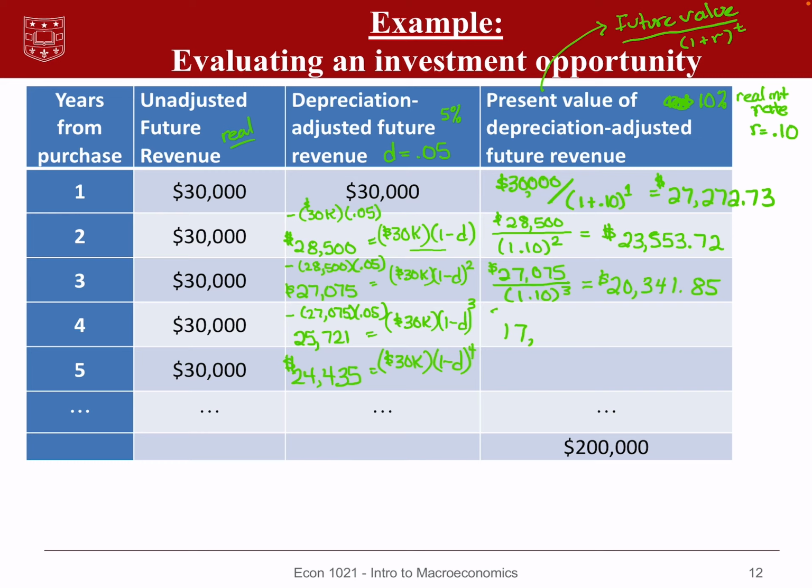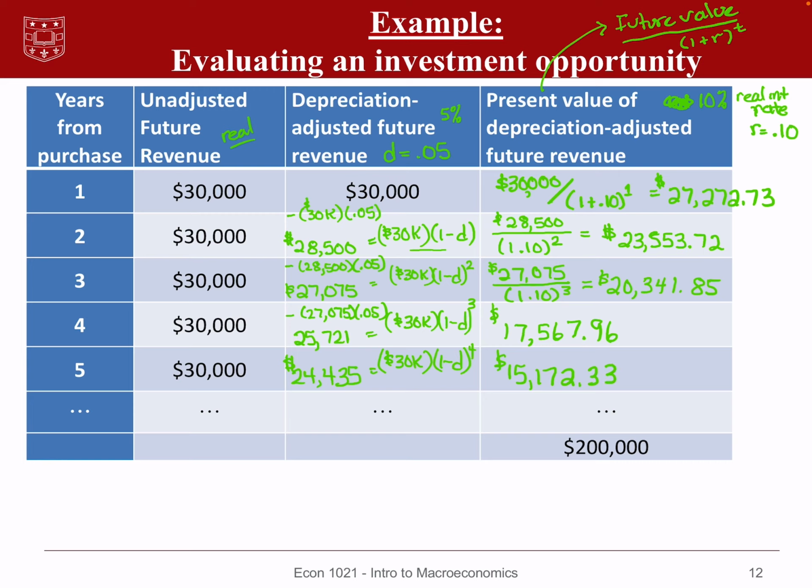So this number you should come up with as 17,567.96, and in year 5, you would get $24,435. So what is today's value of the promise of getting $24,435 in 5 years? That should be 15,172.33.